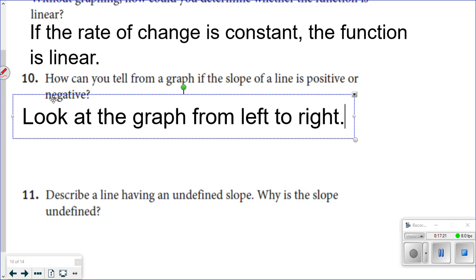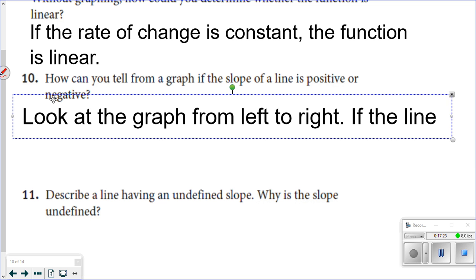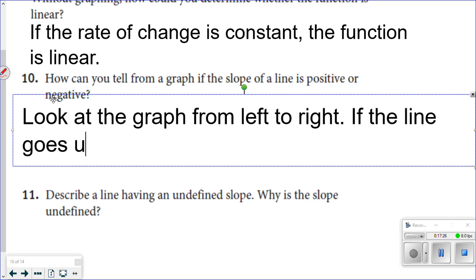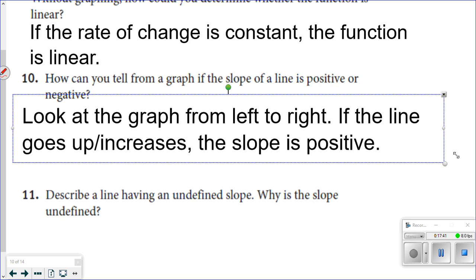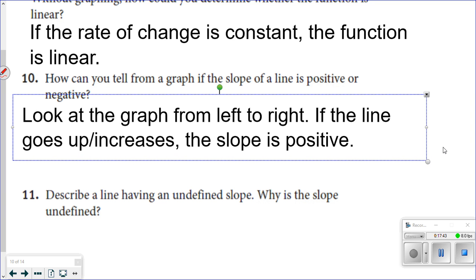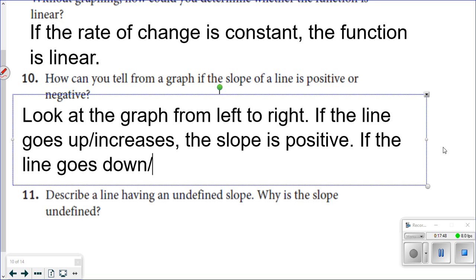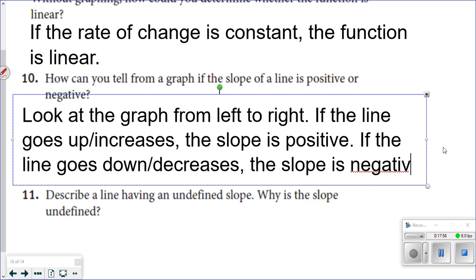Okay, then if the line goes up or it increases, then the slope is positive. If the line goes down or decreases, the slope is negative.